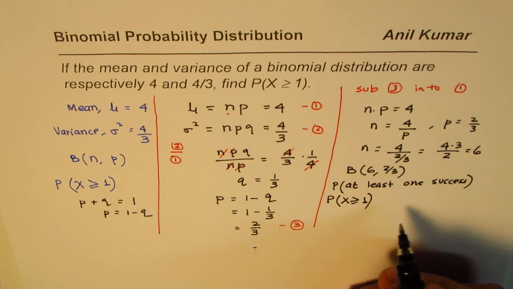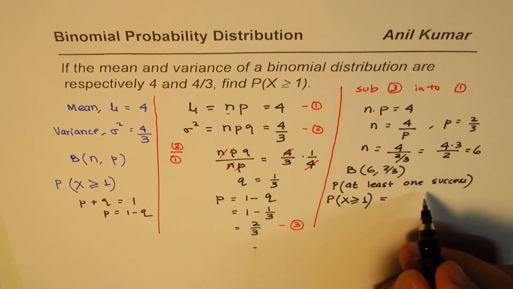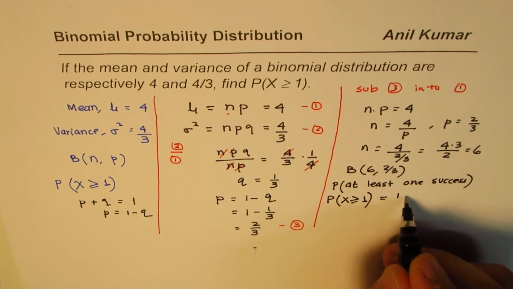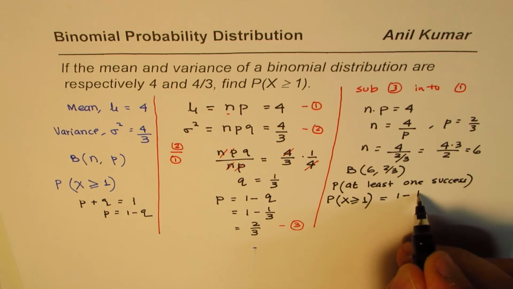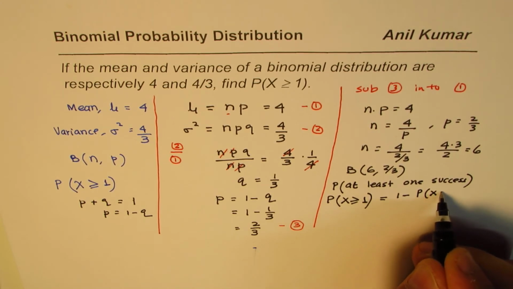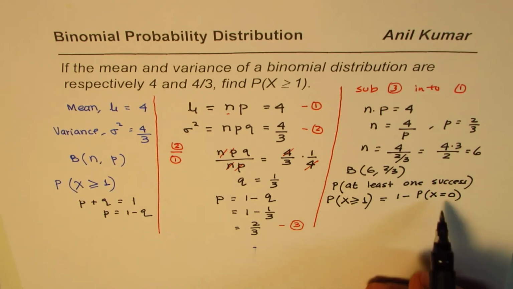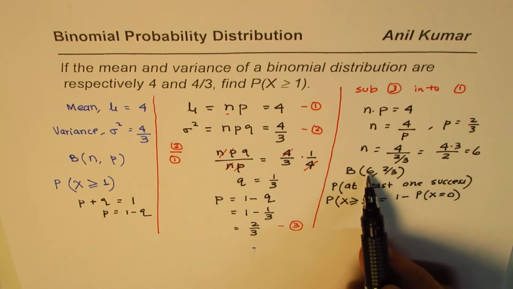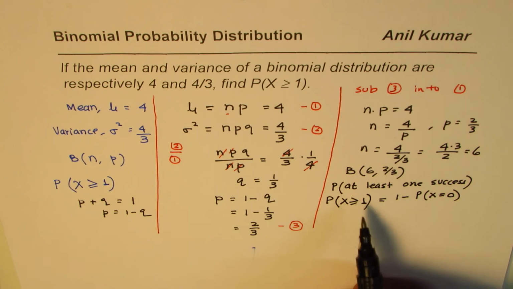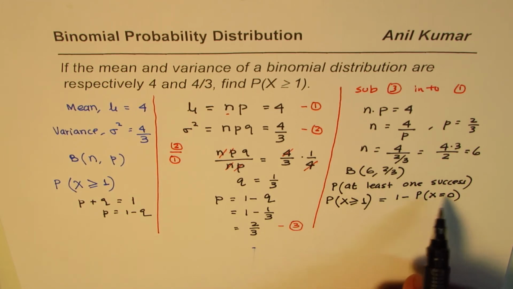Now at least one success also means that not all are failures, so we could do 1 minus the probability for x equal to 0. That is how you can find at least one success. Otherwise, in n trials, you have to add up the probabilities for 1 success, 2, 3, 4, 5, and 6 successes. So this is faster.